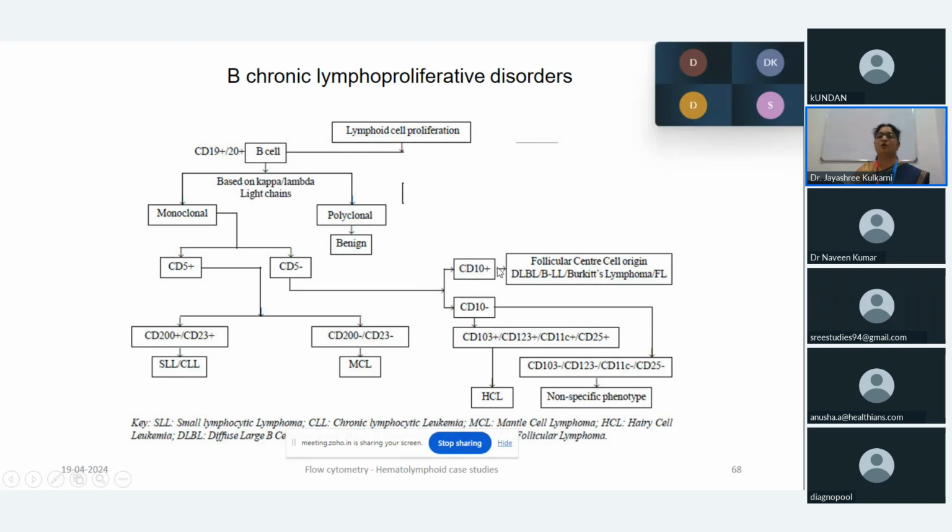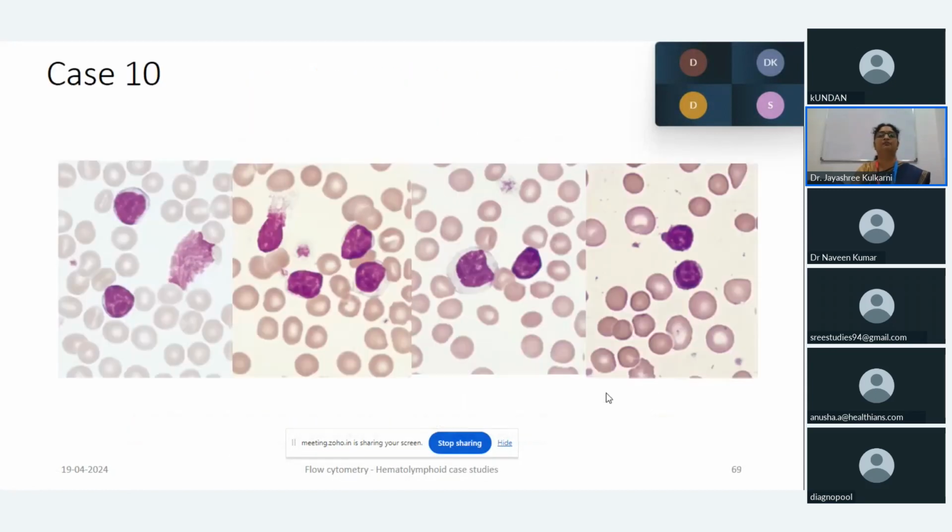CD10 positivity, obviously, means a follicular center cell origin. So DLBCL, Burkitt's lymphoma, and follicular lymphoma fall in this category. Once CD5 and 10 are negative, then you run your hairy cell tube. If these markers are positive, you think of hairy cell leukemia. If these are negative, you think of the other two possibilities, either LPL or splenic marginal zone lymphoma. Keep this handy, keep it next to your desktop, keep referring to it.